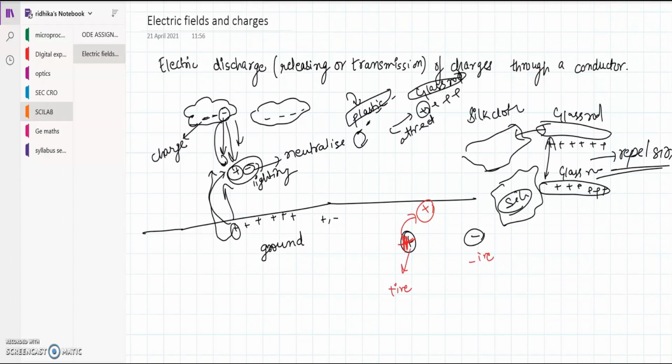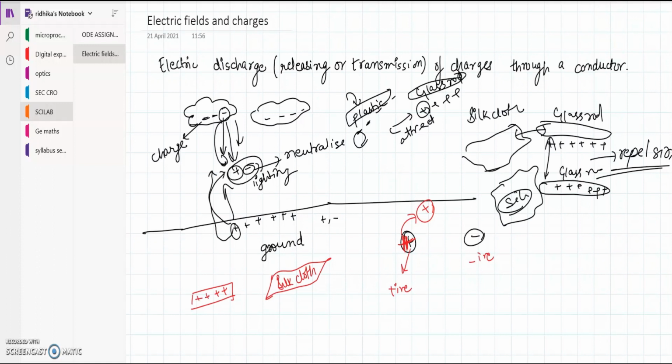Okay, so when we discussed the example of the glass rod rubbed with a silk cloth, consider that the glass rod has been rubbed with the silk cloth and it has acquired some positive charge. And here is the silk cloth. So what will happen? This silk cloth will have less positive charge.